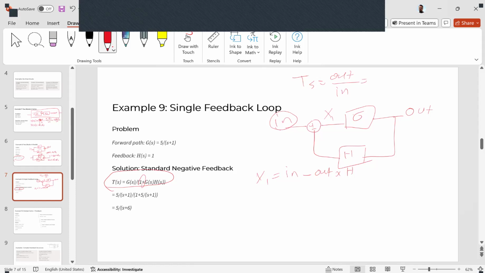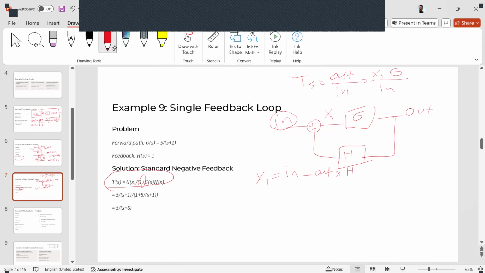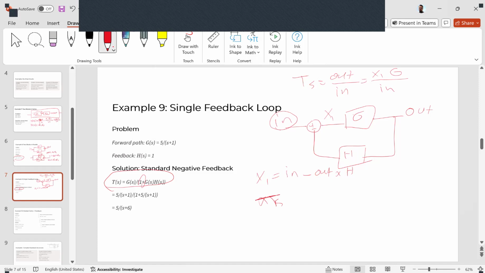So this is X1 times G, and we have our input in the denominator. What is the X1? X1 we have already here.